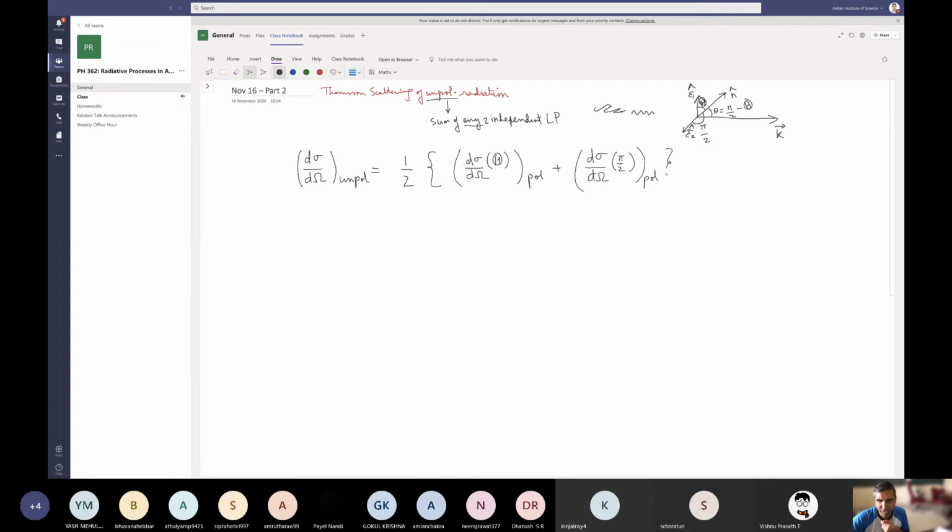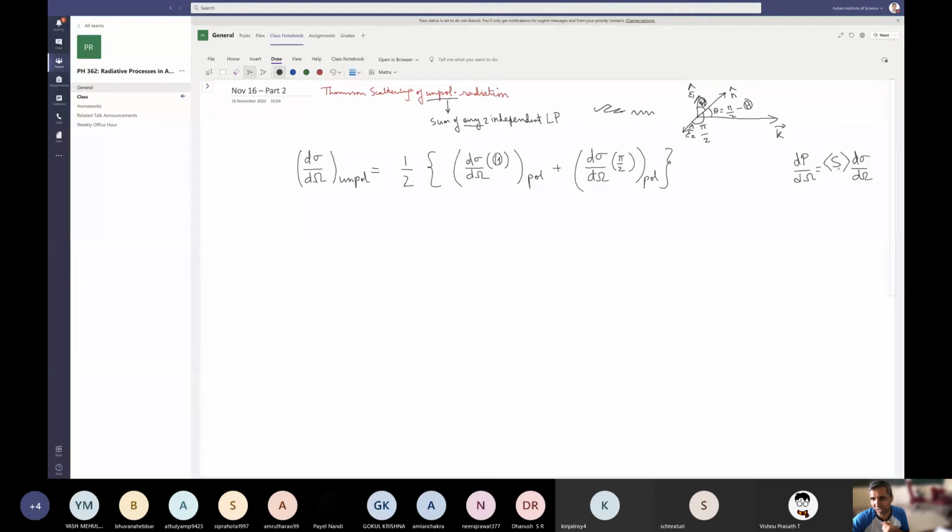So basically what I am saying is, you recall our dP/dΩ was equal to S, the Poynting flux, times dσ/dΩ. Okay, so the flux is just the sum of these two fluxes, because they are uncorrelated.